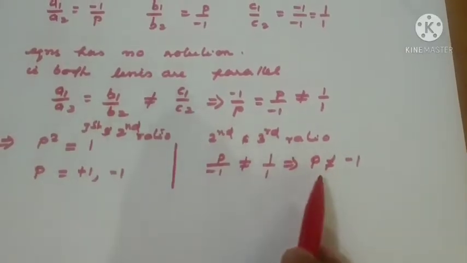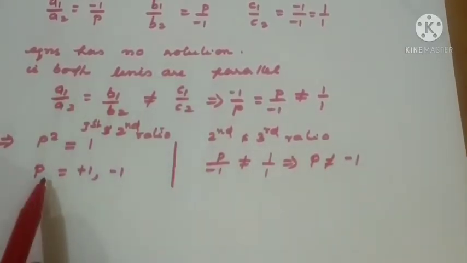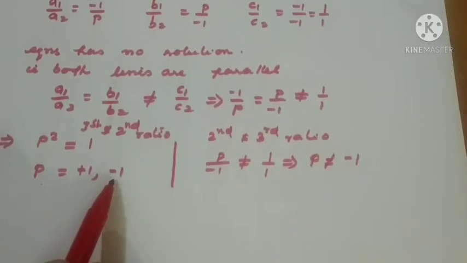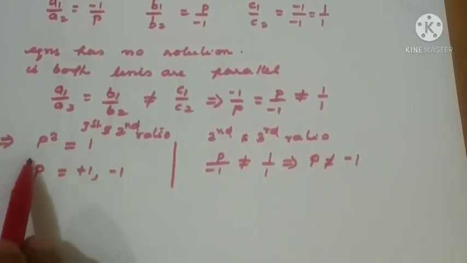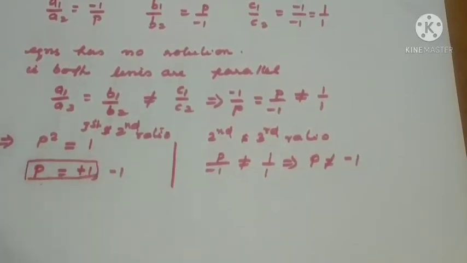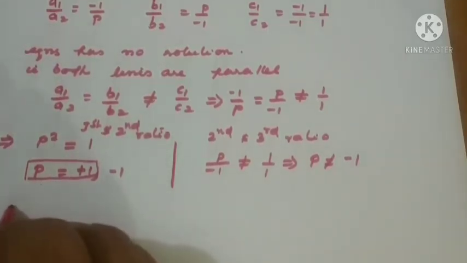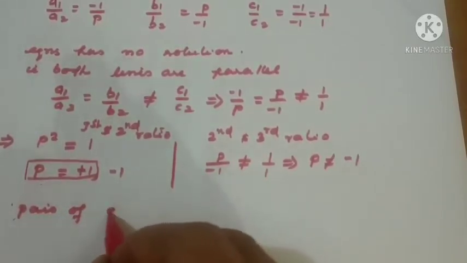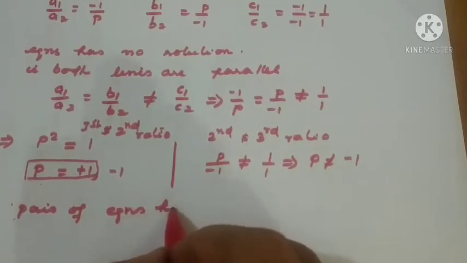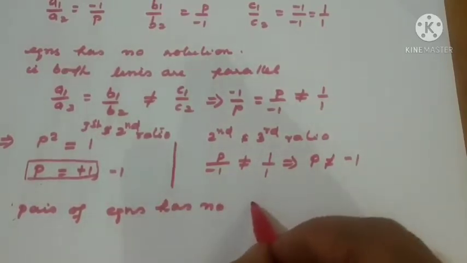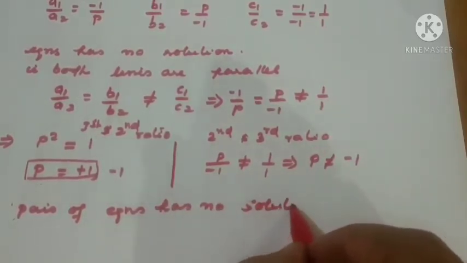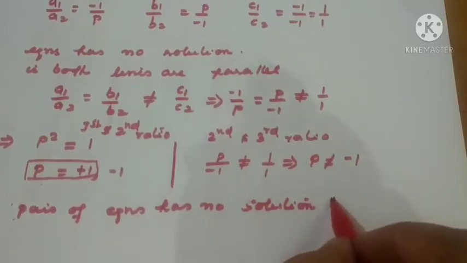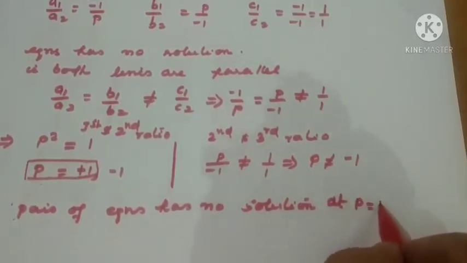See, what is the condition they had given? P not equal to minus 1. But here P not equal to minus 1 means which value is applicable here? That is P equal to 1 only. So what can we write? The given pair of equations has no solution at P equal to 1.